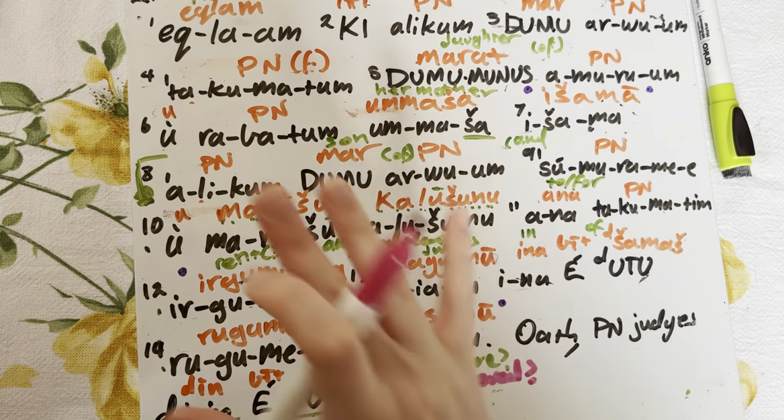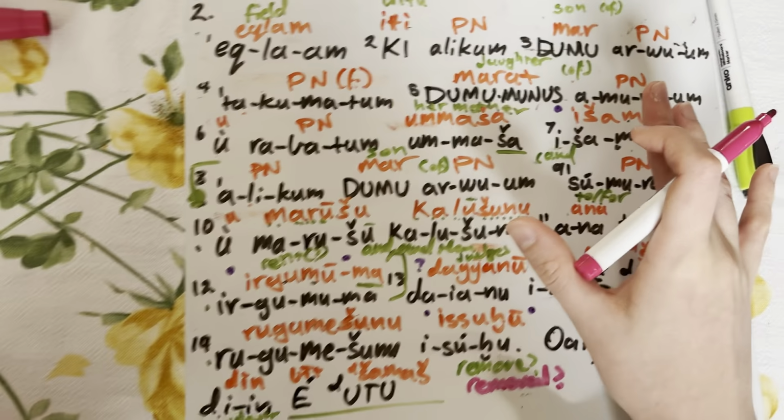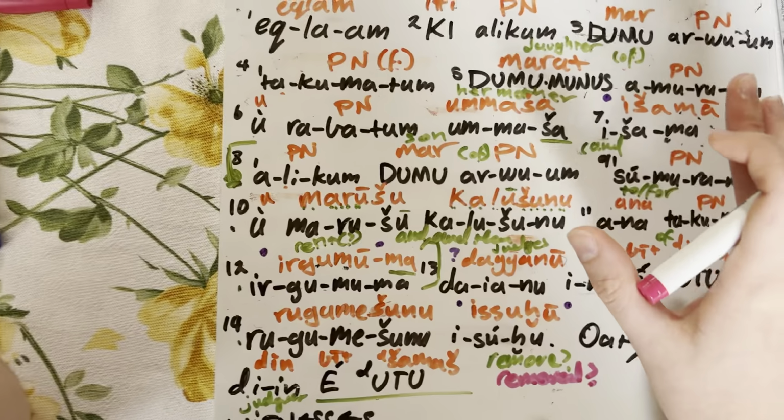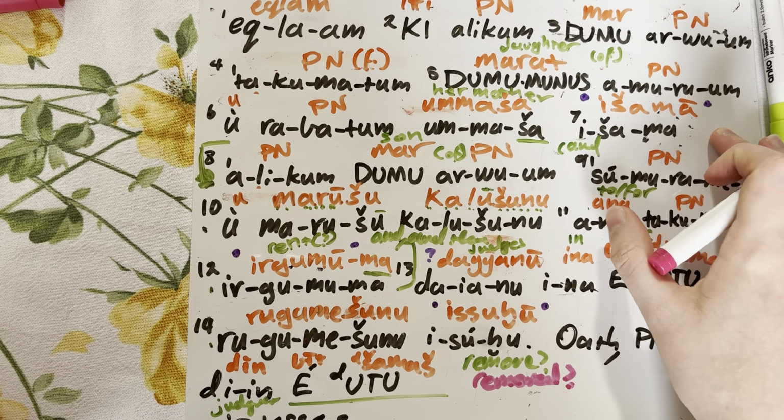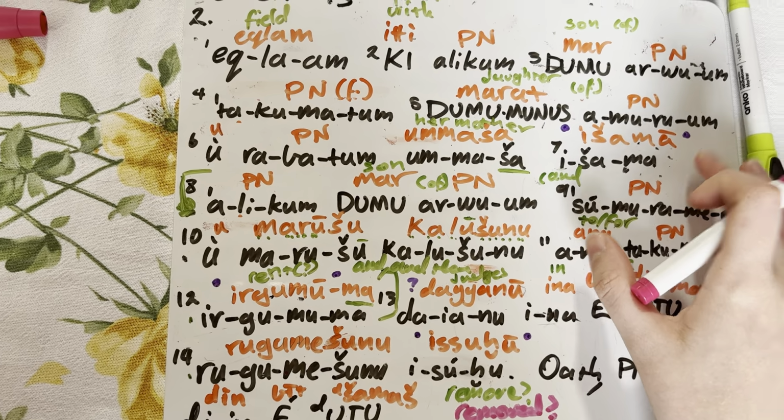So the general gist I'm getting from this is that there was this field that was purchased.